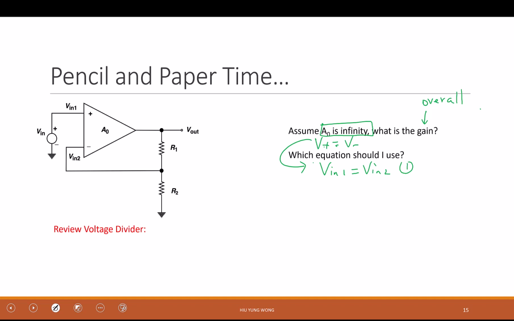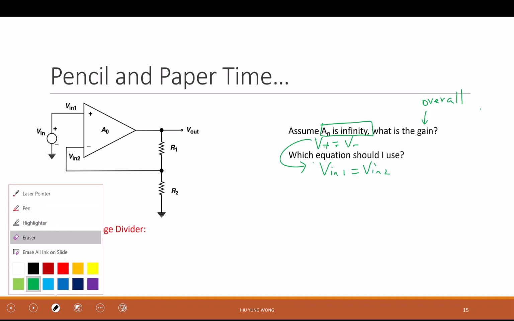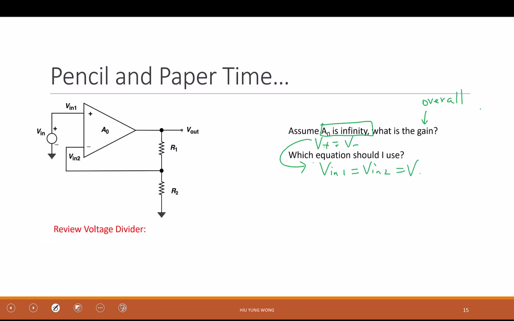However, now we have this problem. V in 1 equal to V in 2, which means this is also equal to V in. Basically, because of the virtual short, this is V in, so this is also V in. So I'm almost there.